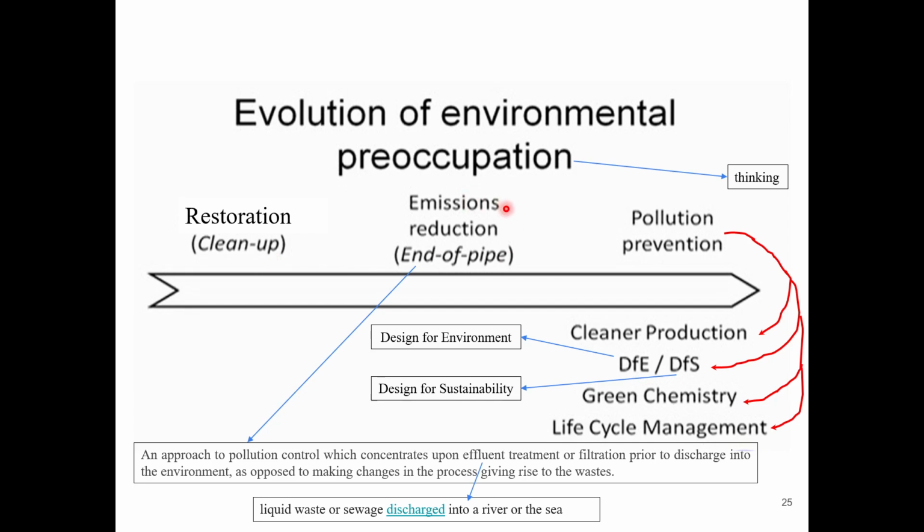However, in the case of emission reduction or end of pipe, just before discharging, at the last step, we try to filter or treat the water so that the waste or sewage is not discharged. So at the end point, we tried to remove or filter it, and that was the idea.